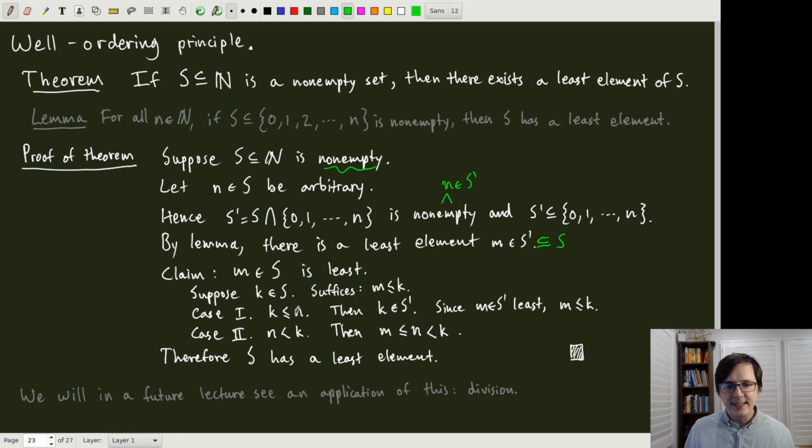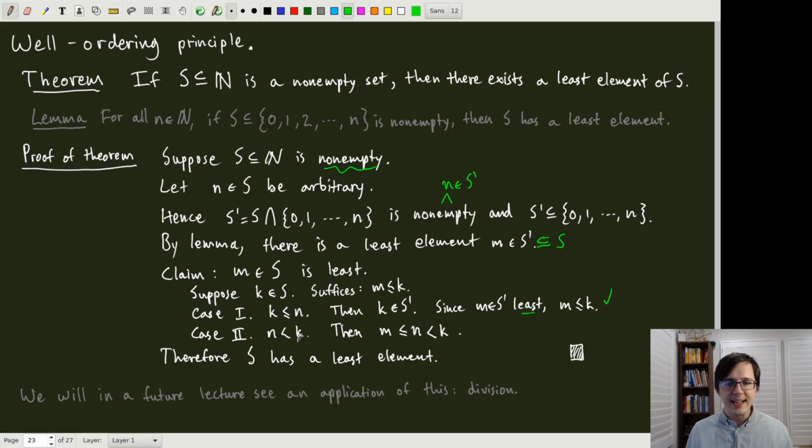If K is less than or equal to n, then because it is in the second set in the intersection, it's in S prime. And since M was least for S prime, we can conclude by the definition of least that M is less than or equal to K. That was what we wanted to show, so that case is handled.